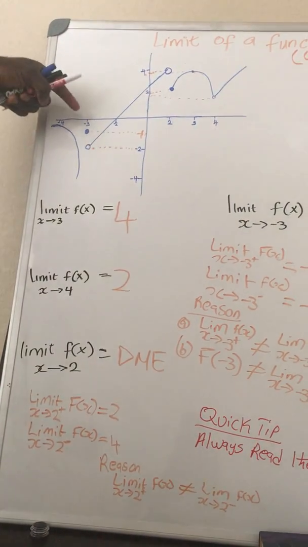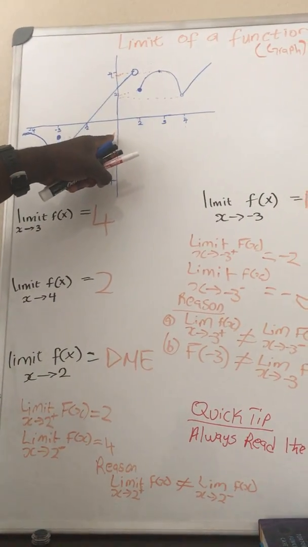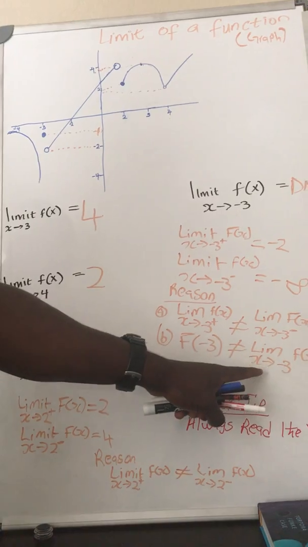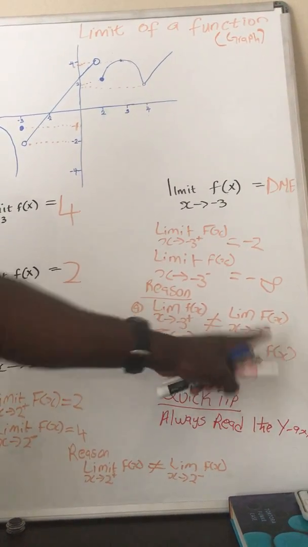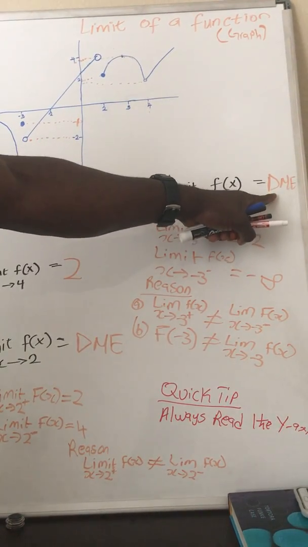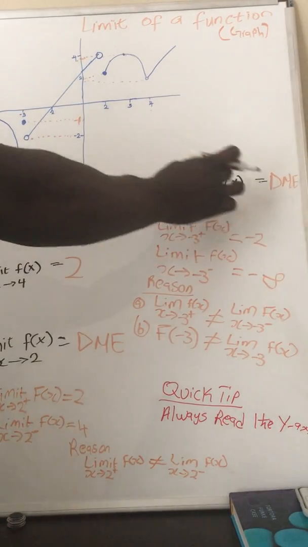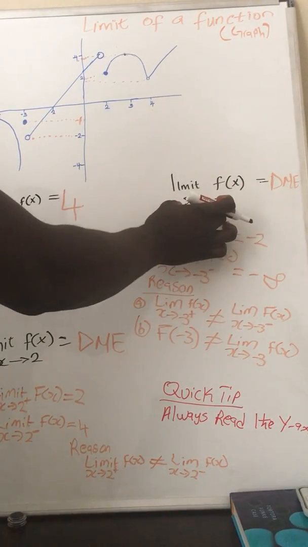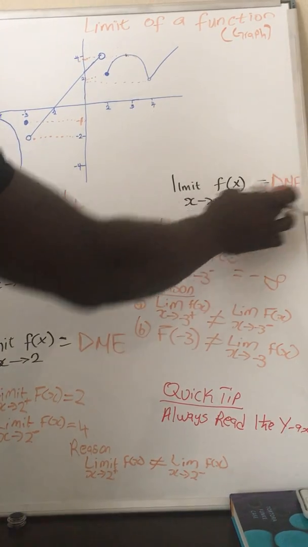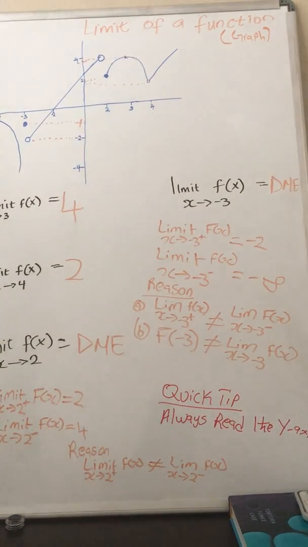The f of -3 is -1, and the limit as x approaches -3 of f of x does not exist. Therefore, this limit does not exist because of these two reasons.